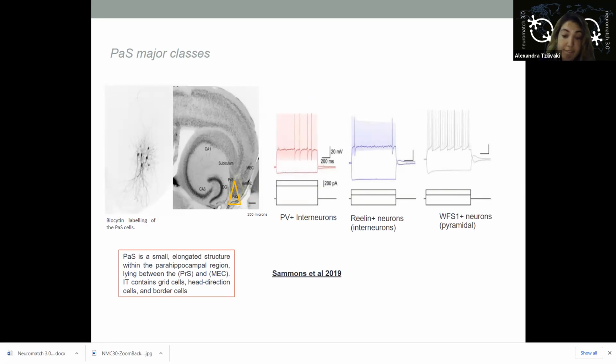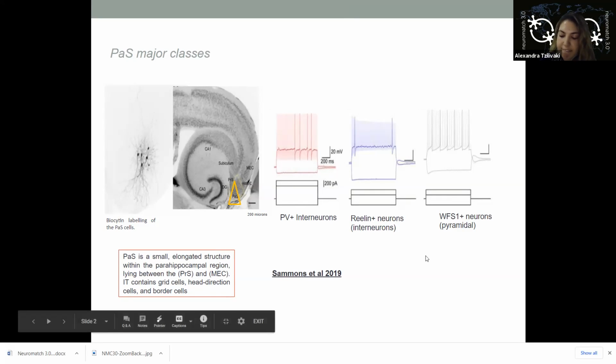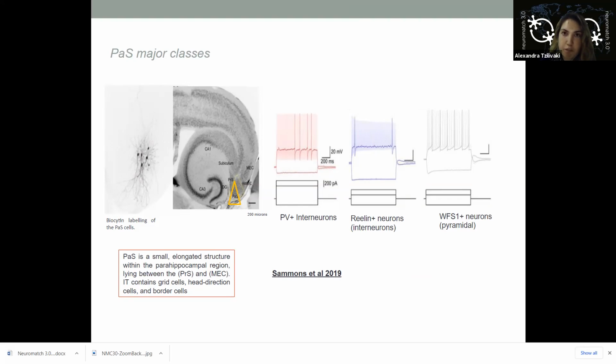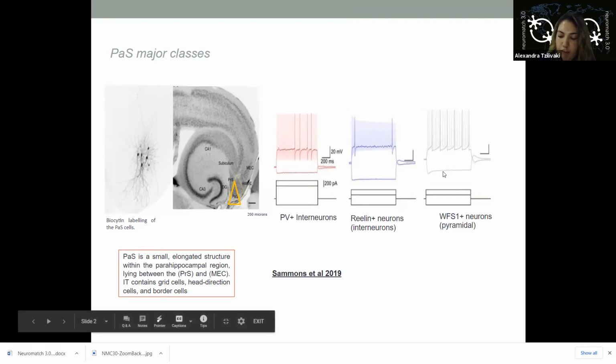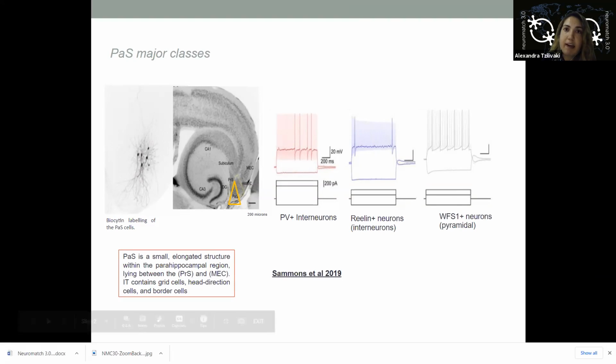Despite its promising role in brain function and its clear location, little is known about the cellular profile of the parasubicular neurons. Recently, Rosie Simons et al., a talented postdoctoral fellow colleague from our lab, the Schmitz lab, identified the major neuronal classes of the parasubiculum and characterized their morphological and molecular properties.